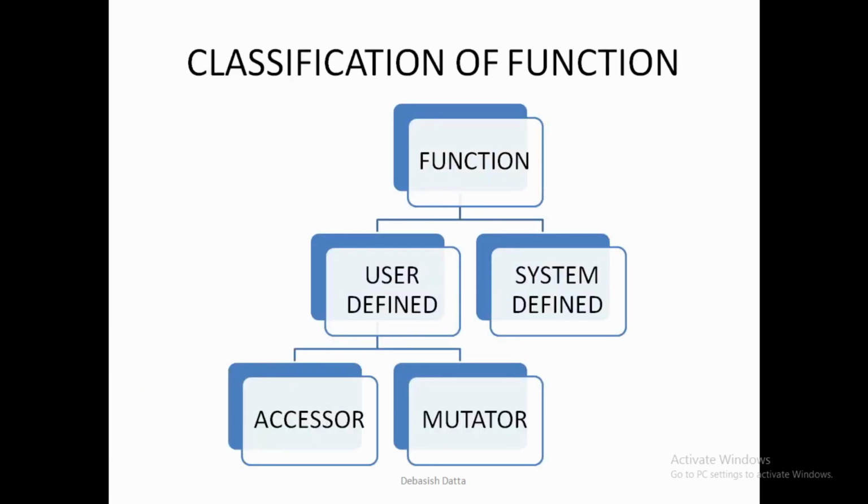Now functions which are available in Java can be categorized like this. All the functions are broadly categorized into two types: user defined functions and system defined functions. User defined functions are those which are obviously defined by the users, and system defined functions are those which are already defined inside Java. User defined functions can also be categorized into two more types: accessor and mutator.